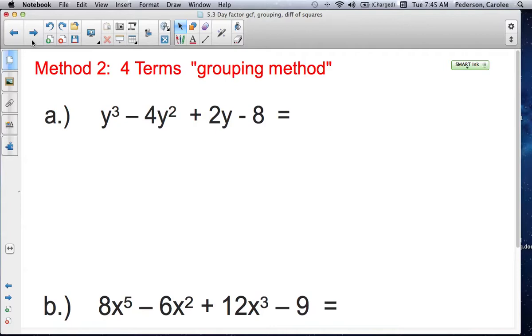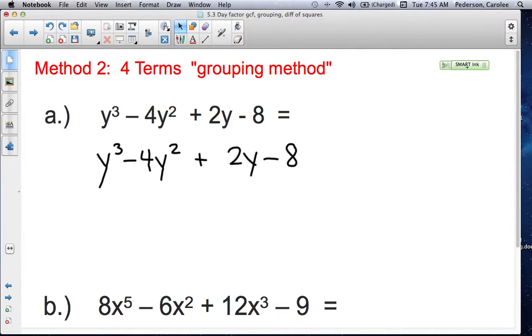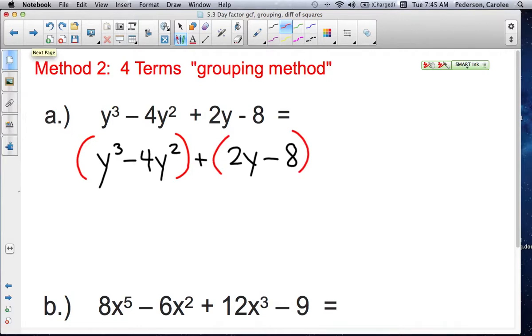Now I'm just going to rewrite the equation again. And I'm going to group 2 terms and 2 terms. So I'm going to group these first 2 terms together and these last 2 terms together.